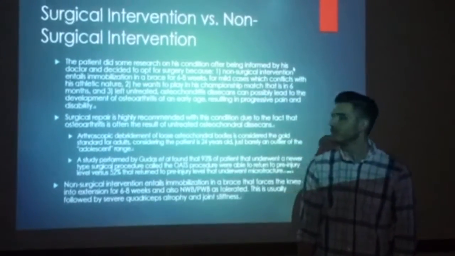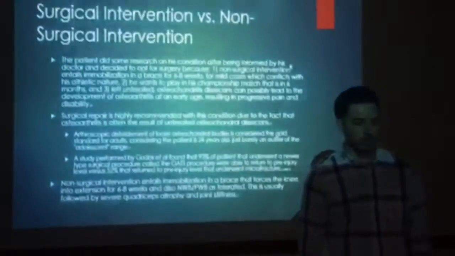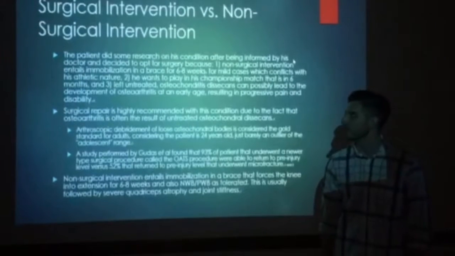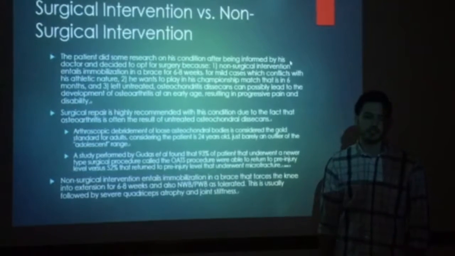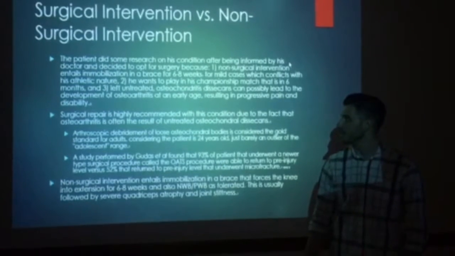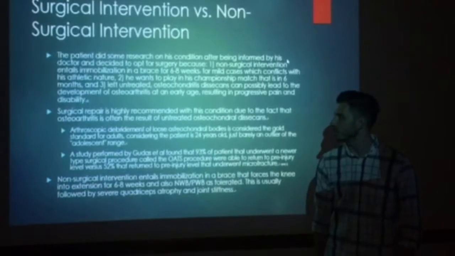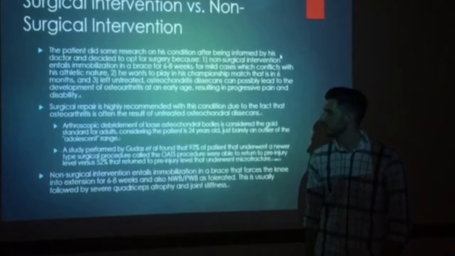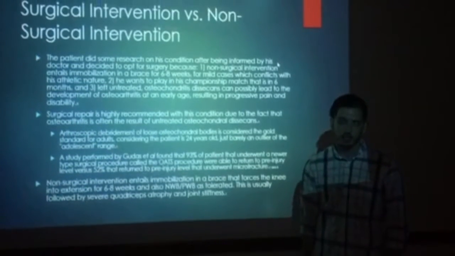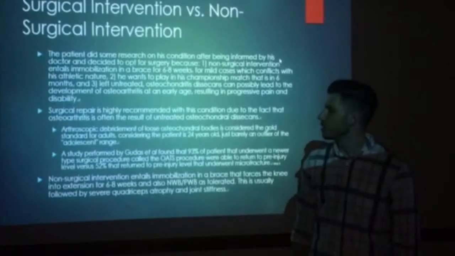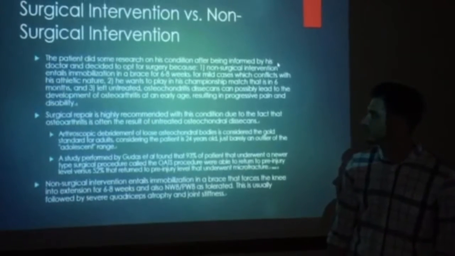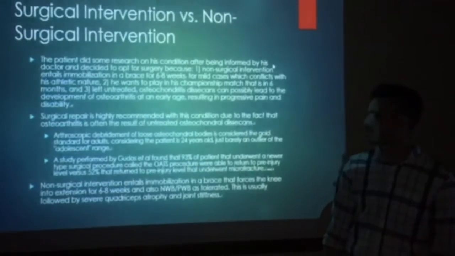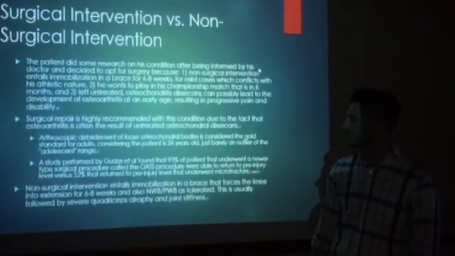Surgical intervention versus non-surgical intervention. Our patient had a discussion with his doctor, and he has decided to take the surgical route, mainly because he's a high-level athlete who wants to play in the championship game that's about 6 months out. A non-surgical intervention calls for immobilization for up to 6 to 8 weeks, and that's not something he wants to do.